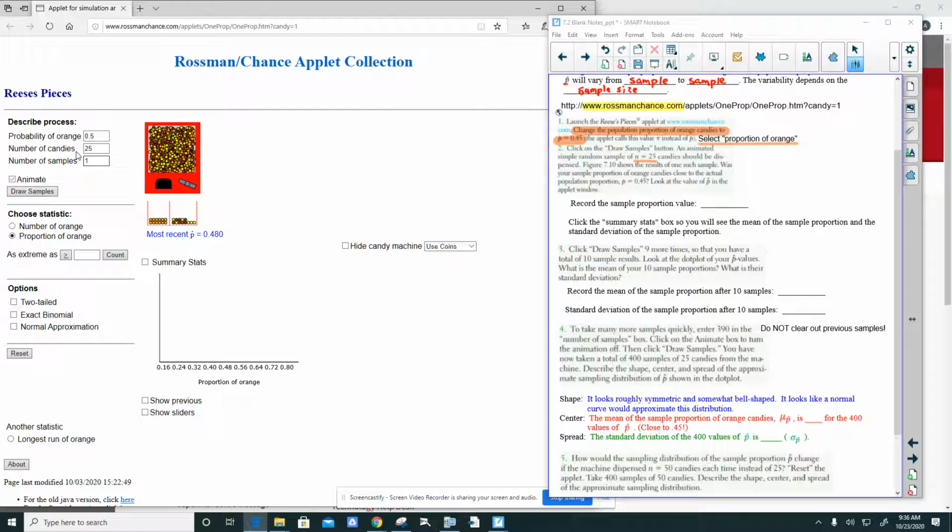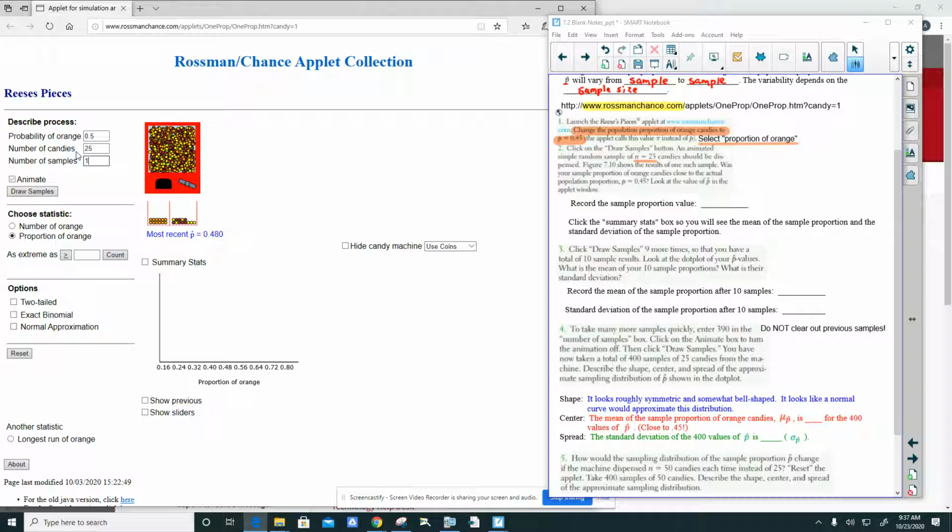What we're going to be looking at in this particular applet is one of those candy machines. We're imagining that this is filled with Reese's Pieces candies, and we're interested in measuring the proportion of orange candies in a sample that we would draw out here.